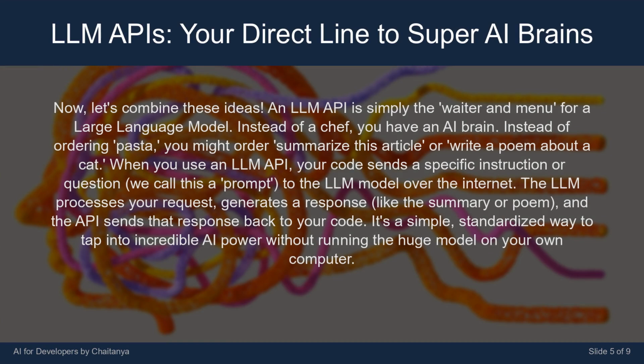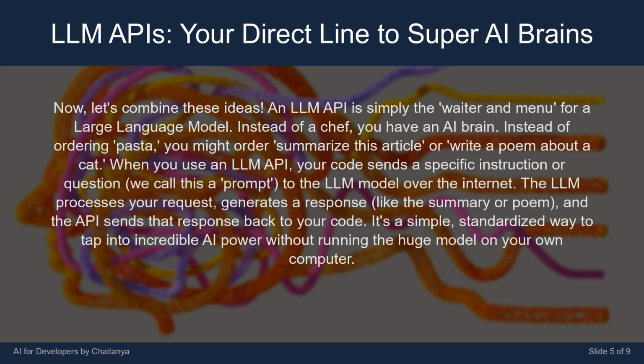Now, let's combine these ideas. An LLM API is simply the waiter and menu for a large language model. Instead of a chef, you have an AI brain. Instead of ordering pasta, you might order, summarize this article, or write a poem about a cat.